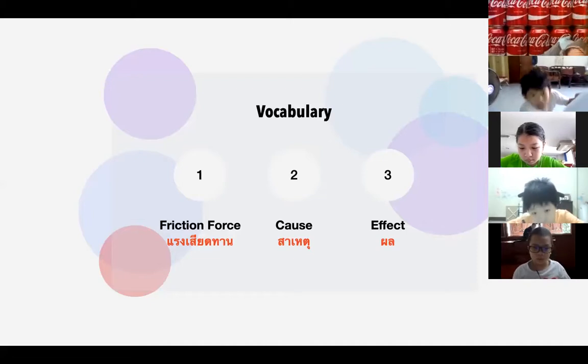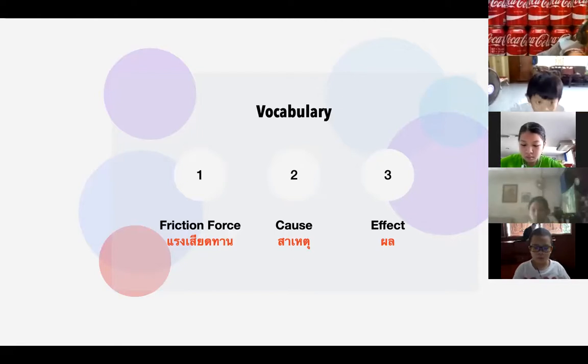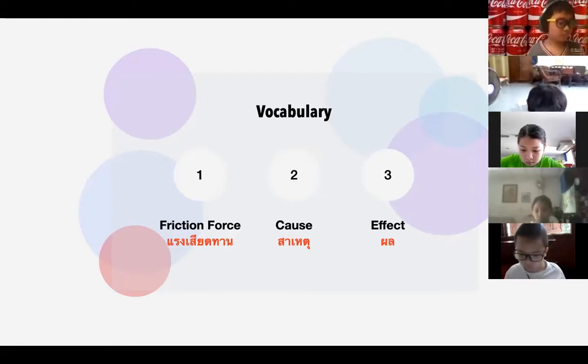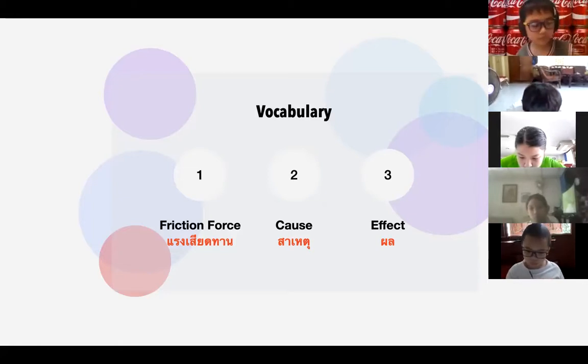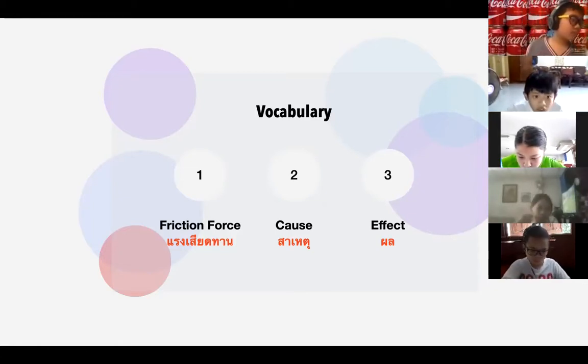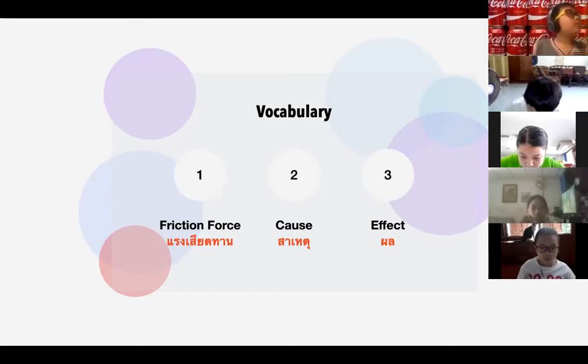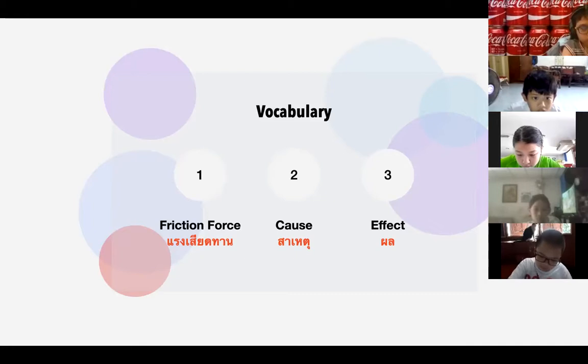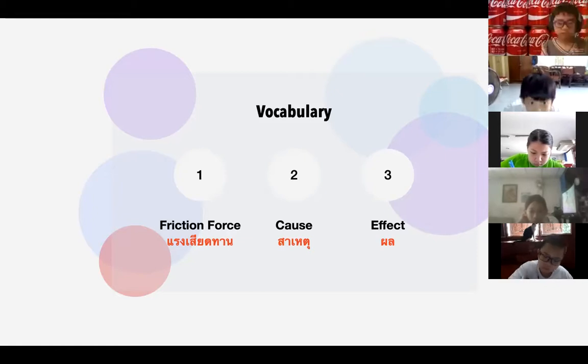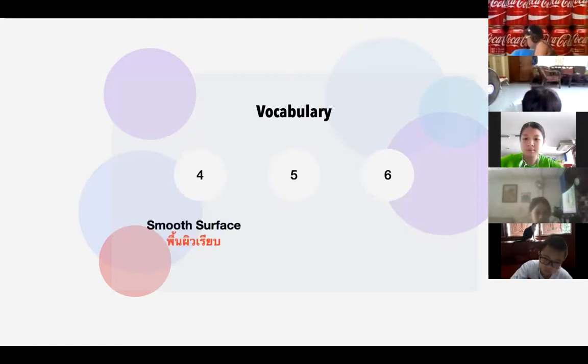Number four, five, and six. Number four, smooth surface.